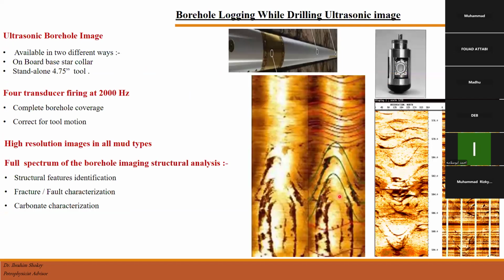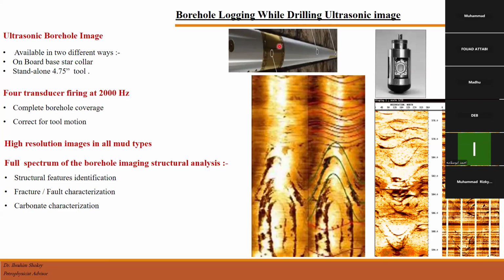So the second tool in the market, or the second tool in the LWD category, is the ultrasonic tool. This tool looks like Pixstar. It has a range of detection. This tool has four transducers, which can cover 360.